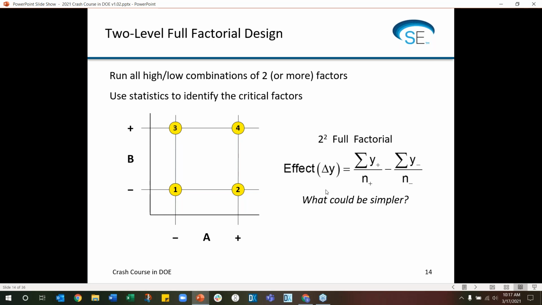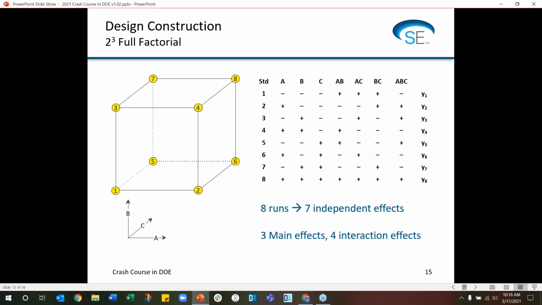That's this whole formula here, and that will give us the effect of A. To get the effect of B, we average the runs where B is set to its high level, that's runs 3 and 4, and average the runs where B is set to its low level, that's runs 1 and 2, take the difference, and that will be the effect of B. And this would go on and on if you had 3 factors or more.